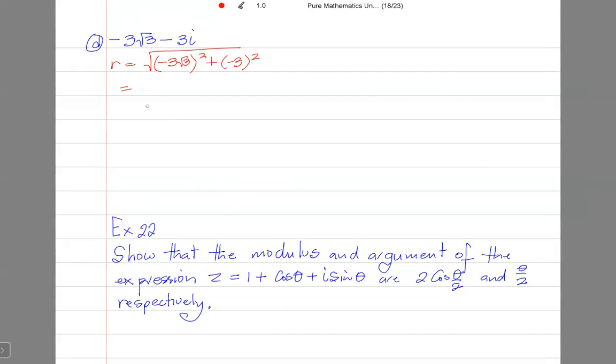If I square this, 3 root 3 squared is 9 multiplied by root 3 squared, which is 3, so 3 nines are 27, plus 9. This is the root of 36, which is 6.